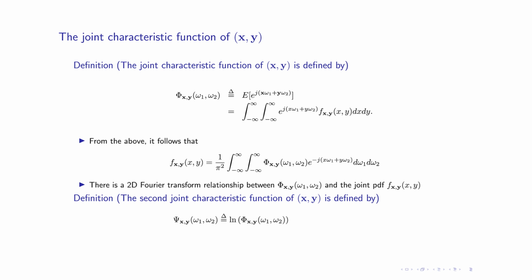Another important definition is that some people take the logarithm of that. They look at this in a log scale, and it has some interesting properties. You remember that in signals and systems, if you have x of t convolved with h of t, in the Fourier domain you have X of omega multiplied by H of omega.